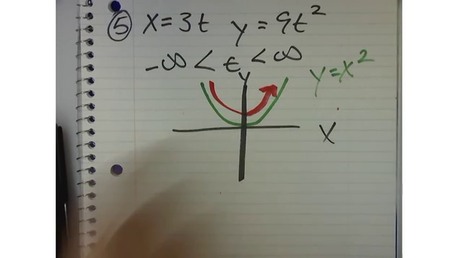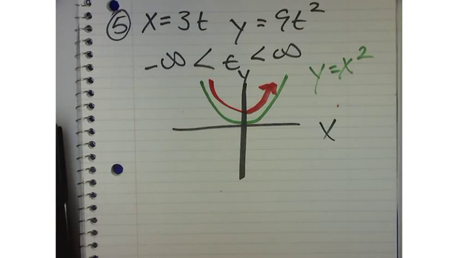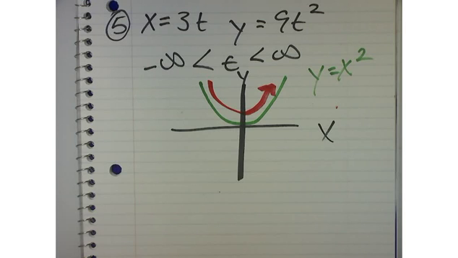So we've got to consider, as t increases, what is the path of the curve? So for part B, you can illustrate it with an arrow showing the path of the curve. When it asks what portion of the graph is traced by the parametric curve, you could draw an arrow.